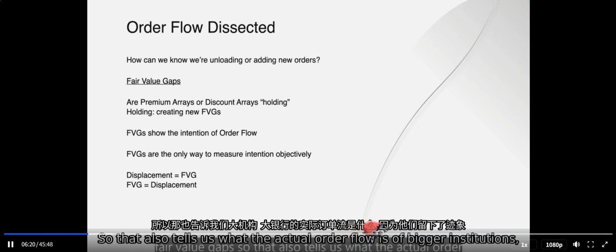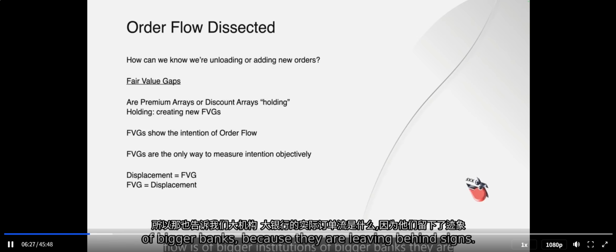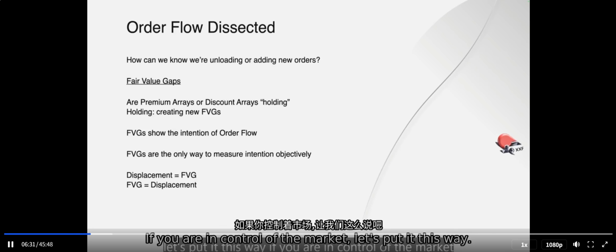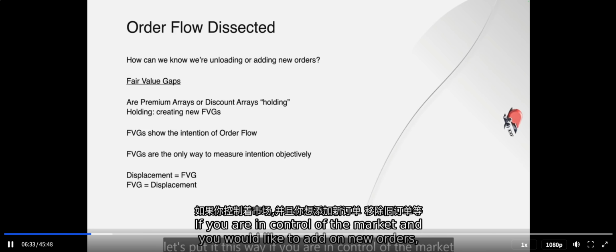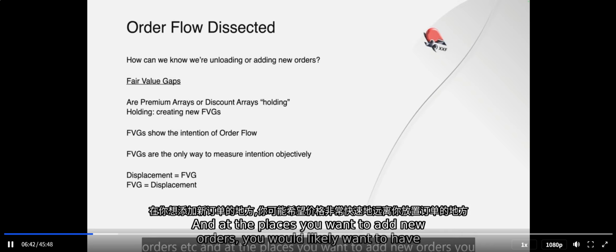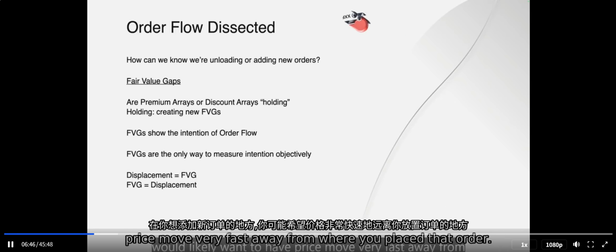So that also tells us what the actual order flow is of bigger institutions, of bigger banks, because they are leaving behind signs. If you are in control of the market, let's put it this way, and you would like to add on new orders, remove old orders, etc., at the places you want to add new orders, you would likely want to have price move very fast away from where you place that order, right?